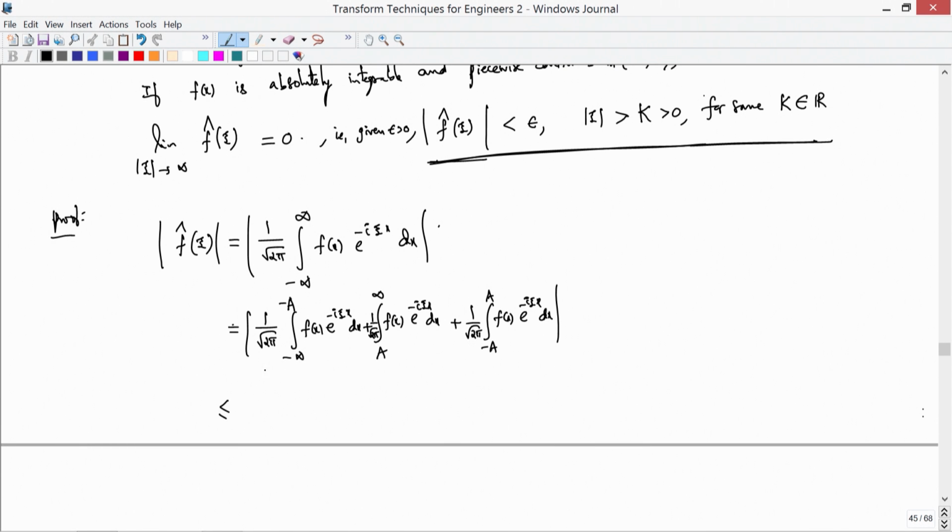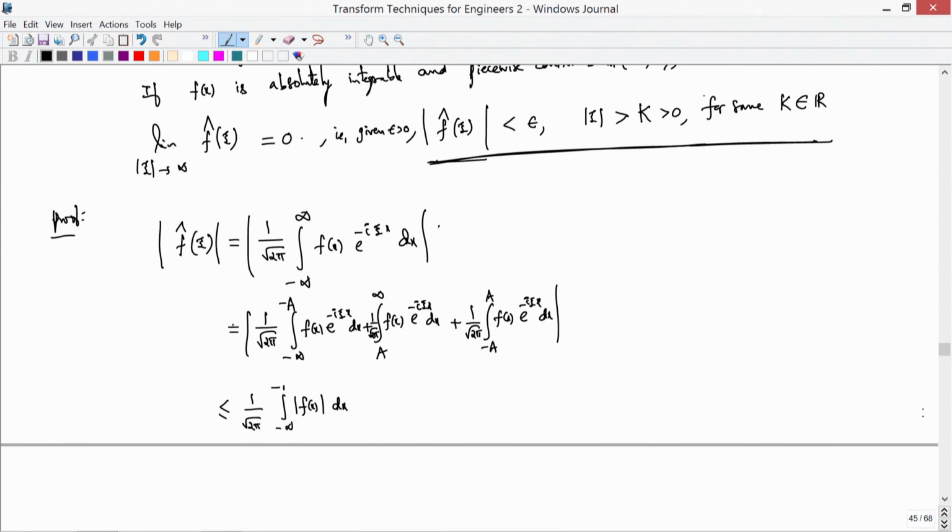So, this is less than or equal to 1 by root 2 pi, integral from minus infinity to infinity, where I take the modulus inside. I can take the modulus inside the integrand, that is mod f x into e power minus i xi x, which is actually mod f x dx.